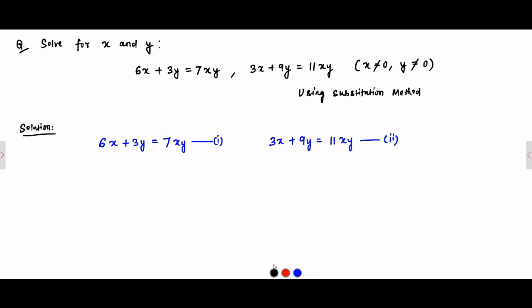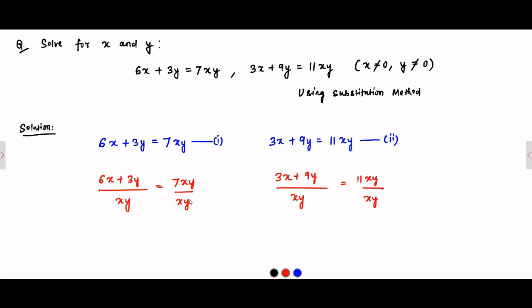We have (6x + 3y) by xy equal to 7xy by xy, and here also (3x + 9y) by xy equal to 11xy by xy.